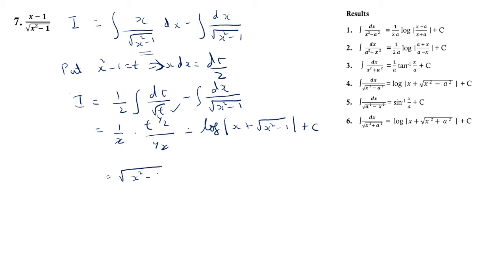It is root of x square minus 1 minus log mod x plus root of x square minus 1 plus c. So we got the integral of the given function.